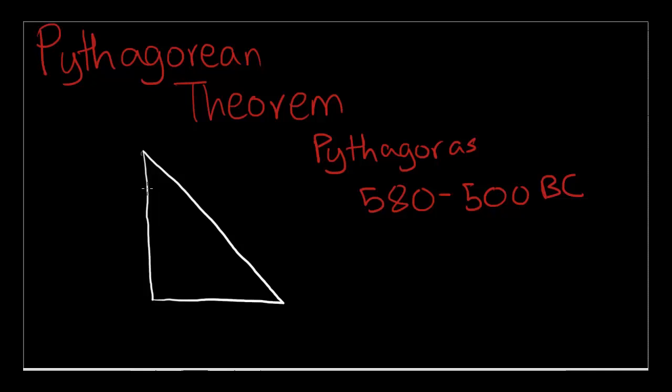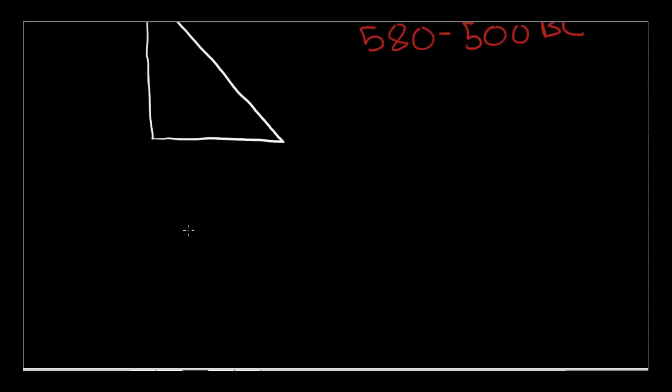The wording of the theorem is that the sum of the squares of the legs of a triangle is equal to the square of the hypotenuse. Now, we can prove this pretty easily down here. Let me draw another small triangle.